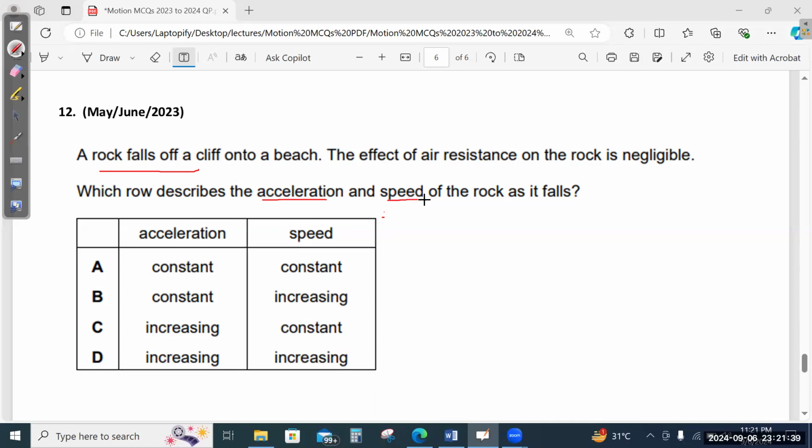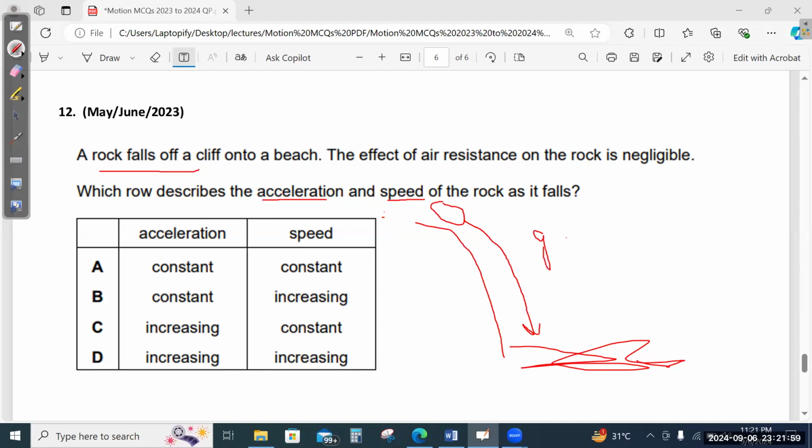Remember, suppose that this is your cliff and this is the piece of rock and this is the beach. Okay, the rock is falling from the cliff to the beach, and the acceleration will be gravitational acceleration, whose value on Earth is 10 meter per second square. It means your rock is accelerating with constant acceleration.